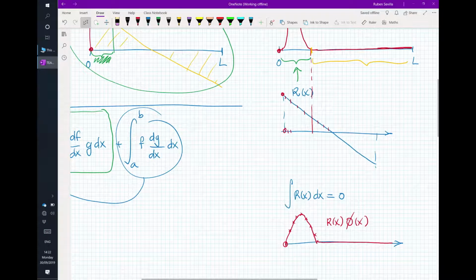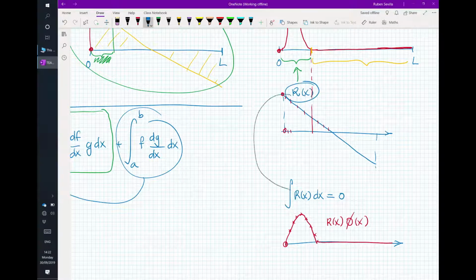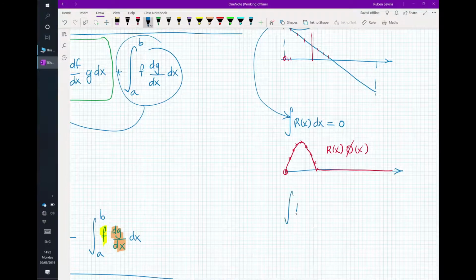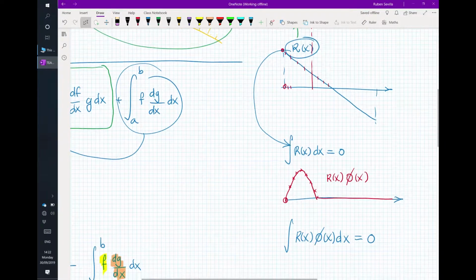So, all of a sudden, with this residual in blue, you were happy if you just asked for the residual to be 0 on average, but if you are asking for the residual weighted with this phi to be 0, then you are not going to be very happy with this residual because you have a lot of area here.